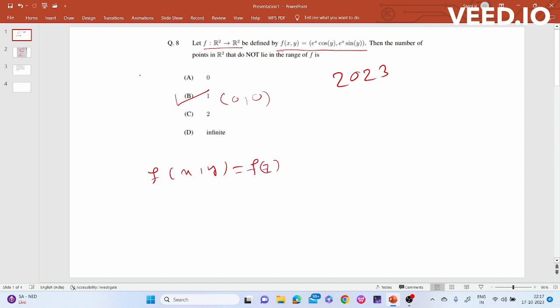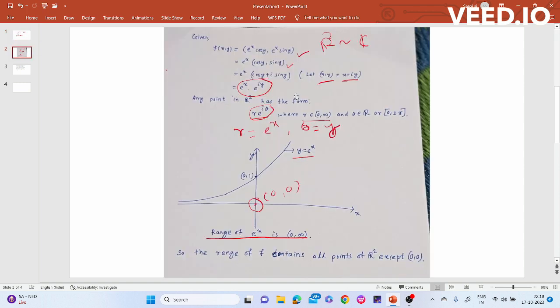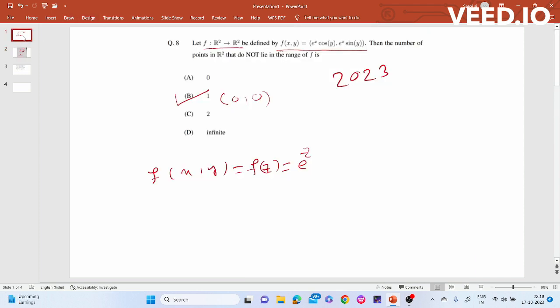If we represent the xy ordered pair in terms of the complex number z, this can be written as e to the power x plus i times y, which is equal to e to the power z. Means this question was nothing but f of z equal to e to the power z, and this is a nice question in complex analysis.